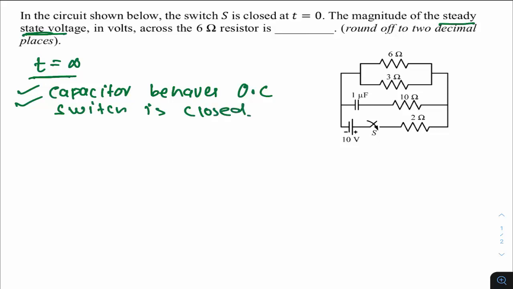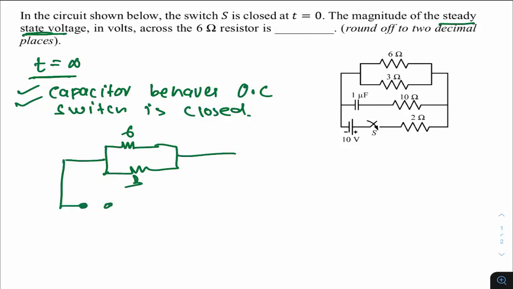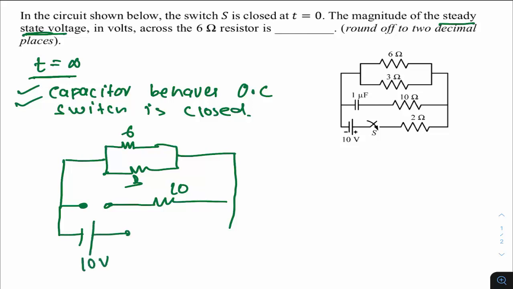Switch is closed. So considering this, if I am drawing the circuit, how will the circuit look? The circuit will be something like this. This is 6, this is 3, then you have the capacitor open circuited, then you have 10 ohms, and then a battery of 10 volts with this polarity, and then the switch is closed.